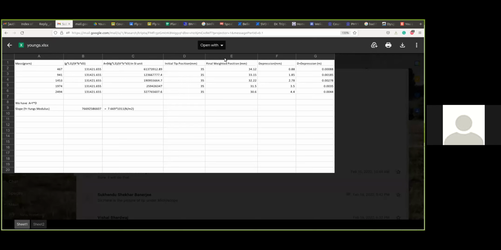You have initial tip movement, final weight, and what the depression is, so with the mass, with the weight, you have a depression. You have this information and this G1 information here. This will be provided to you. I will share this Excel sheet, and from there you can do it. Okay, I will share this in the Google Classroom.